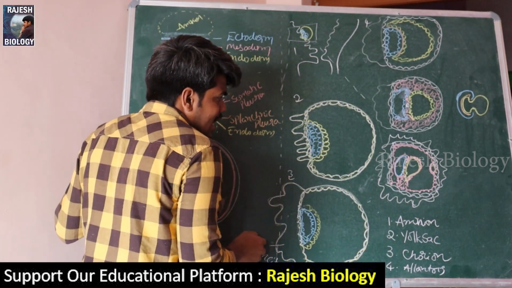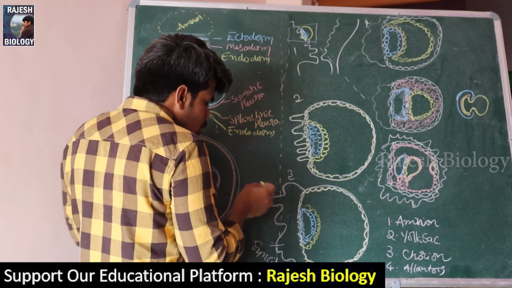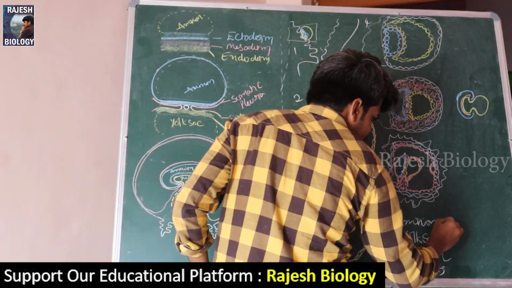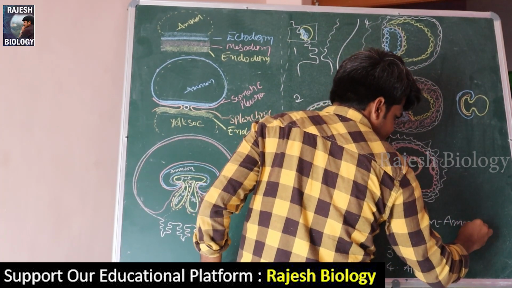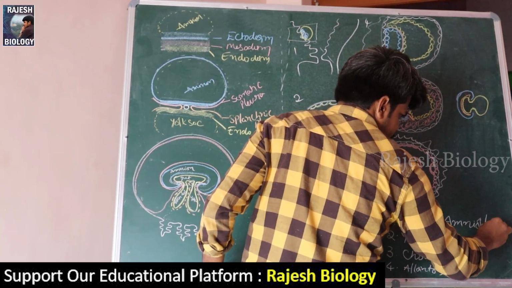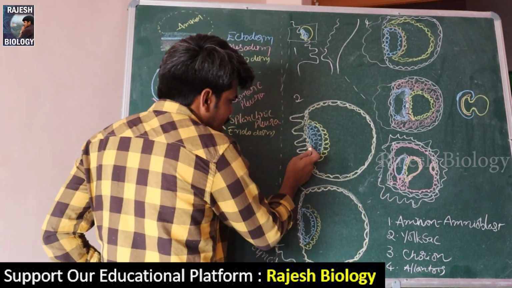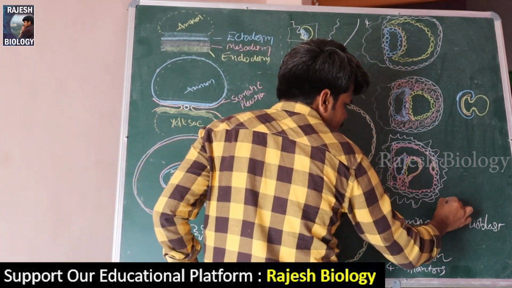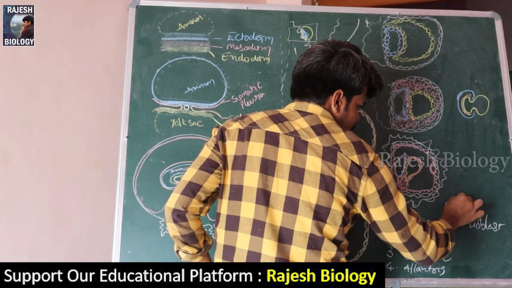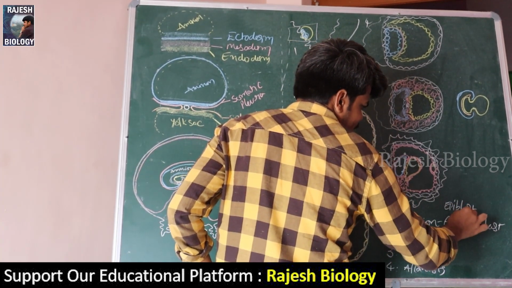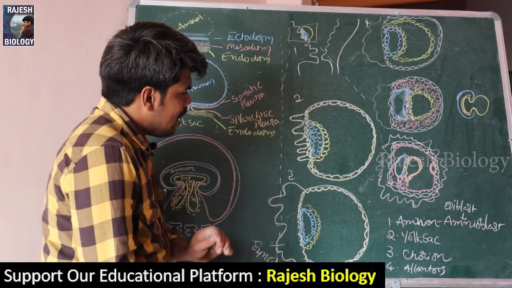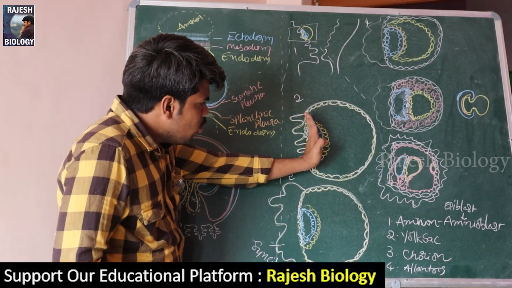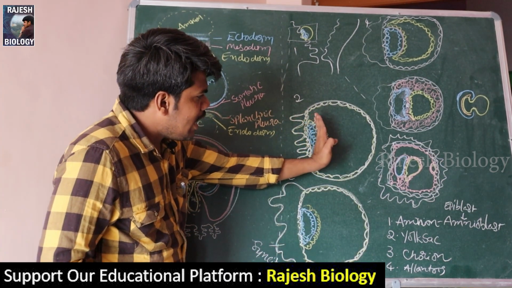This epiblast has some amnioblast cells. These amnioblast cells are derived from the epiblast, and they move away from the cytotrophoblast.